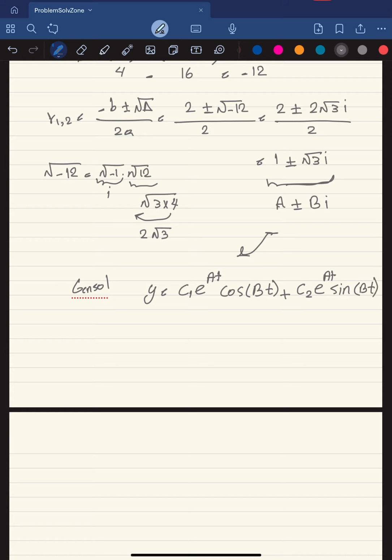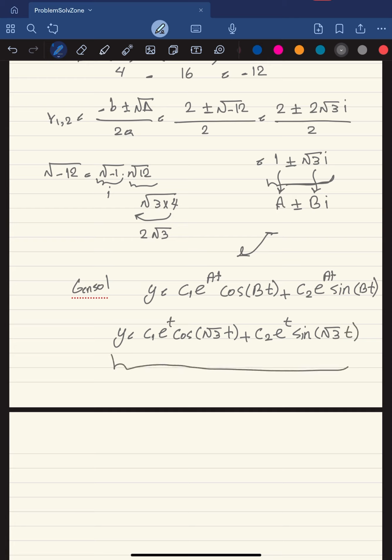If we write it for our equation, our a is 1 and b is radical 3. It would be c1 e to the t cosine radical 3t plus c2 e to the t sine radical 3t. That's it.